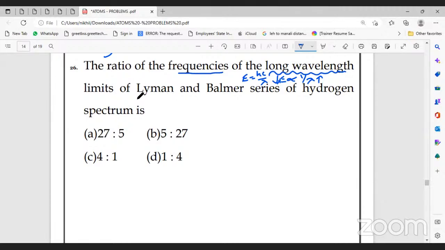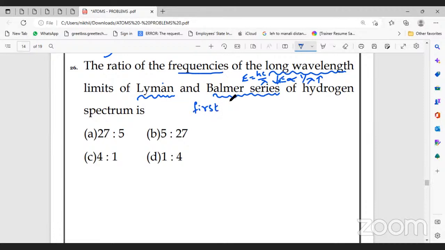Now, for which series do you have to find the ratio of the frequencies? For Lyman series and for Balmer series. Since you are going to find the longest wavelength, the energy must be a minimum. The energy is going to be minimum for the first line.